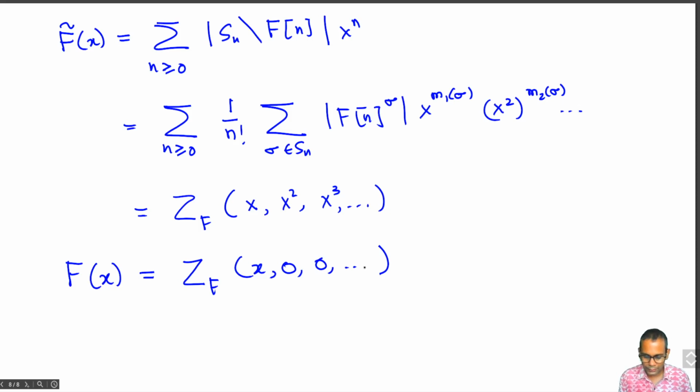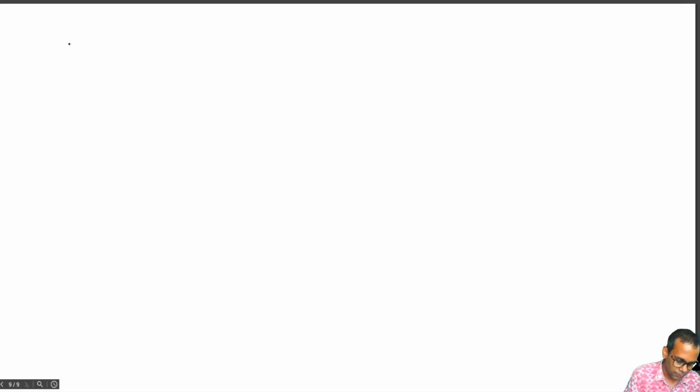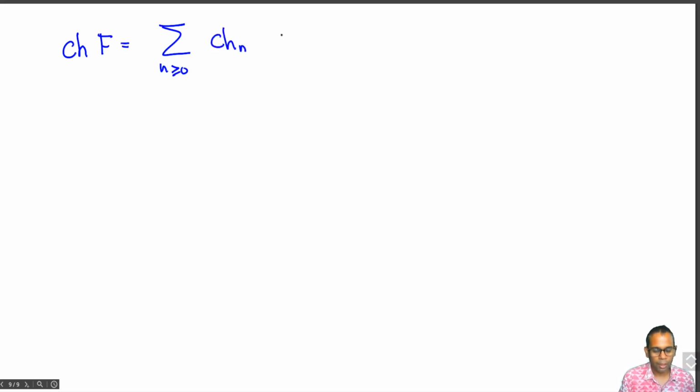Now at the end of this recording, I just want to highlight one last thing, which is the Frobenius characteristic function. So this is a different generating function again associated to a species, and I will define it like this. It's the sum over n greater than or equal to 0 of the Frobenius characteristic of the permutation representation C of Fn.